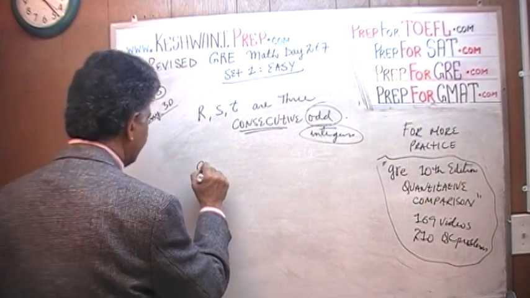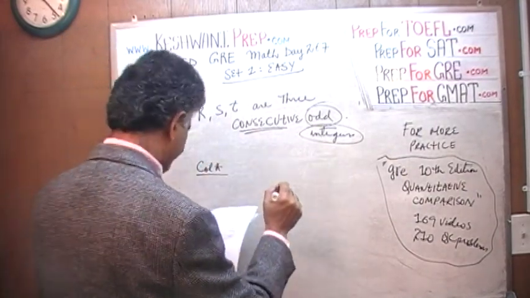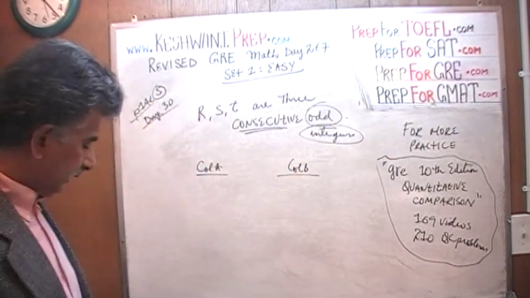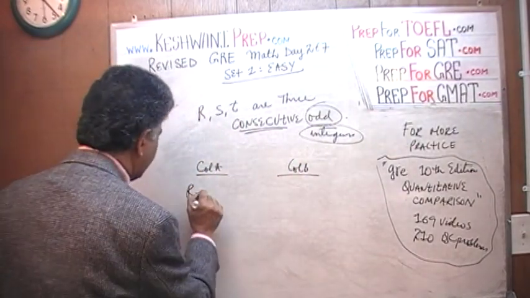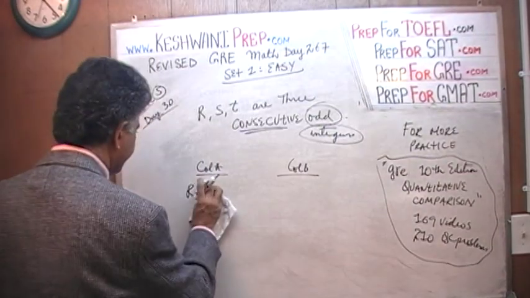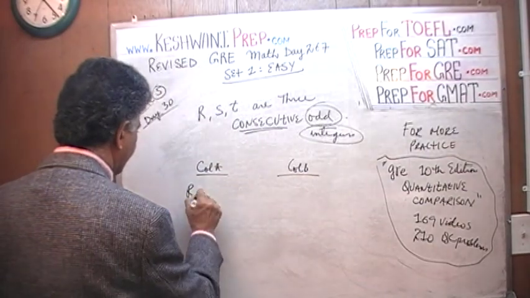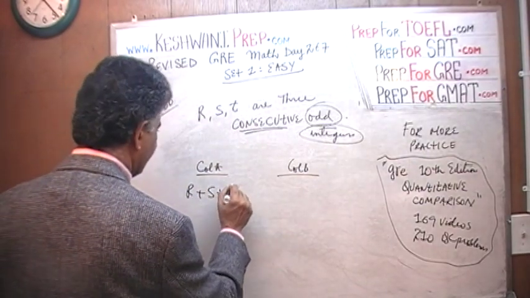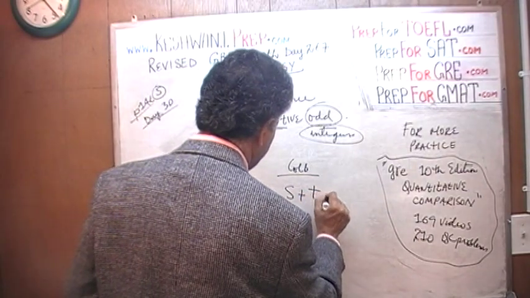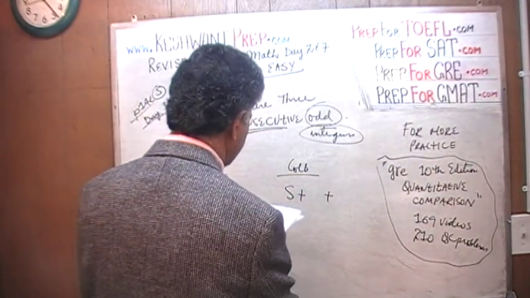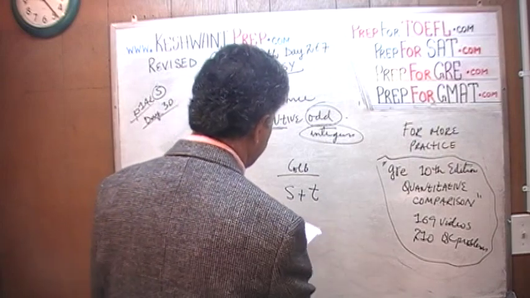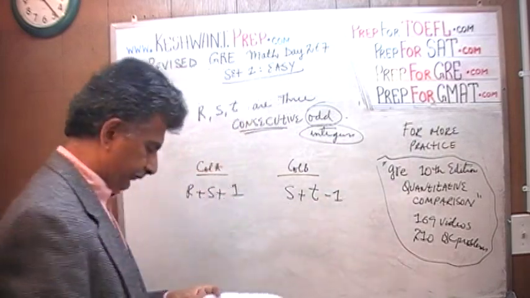First column, column A, column B. Column A is R plus S plus 1, versus column B, S plus T minus 1.